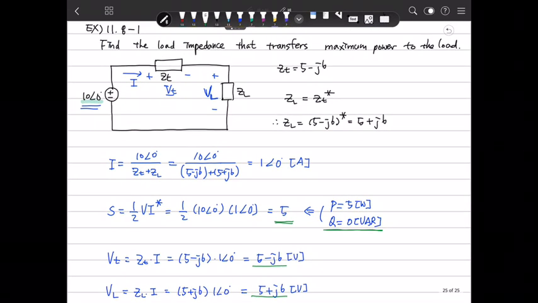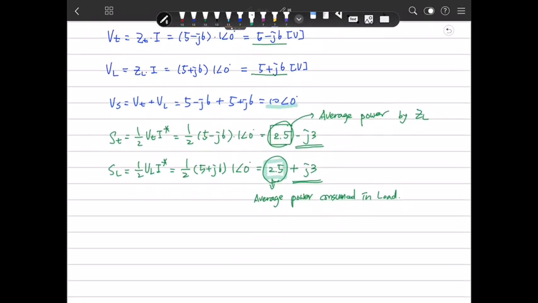That means there is an interchange of reactive power between ZT and ZL. But the source does not give any reactive power. We call this oscillation. We will discuss the oscillation later.